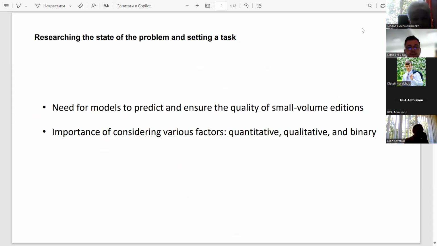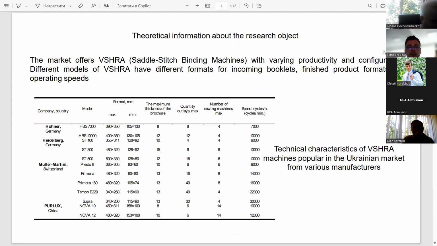In the research, we need models to predict and ensure the quality of small volume editions, considering the importance of various factors: quantitative, live, and binary.